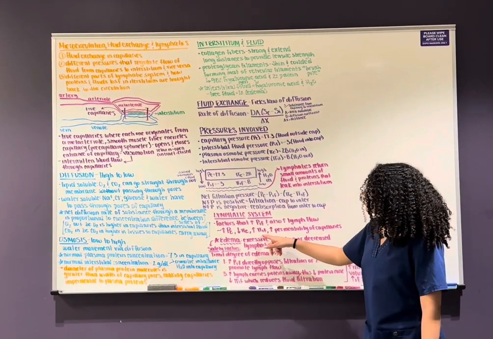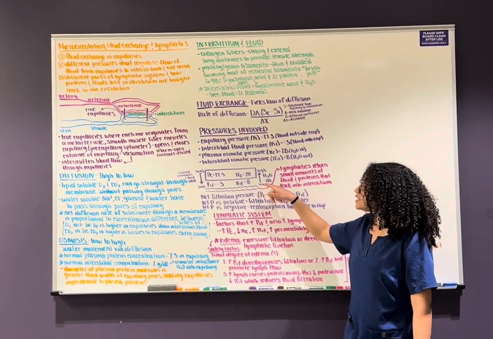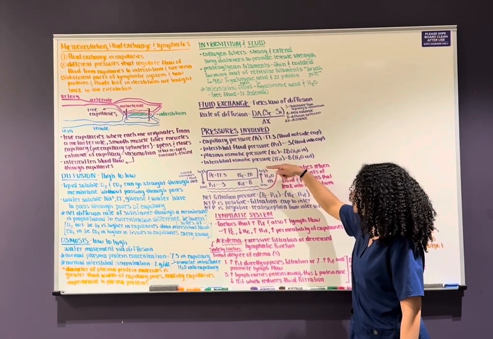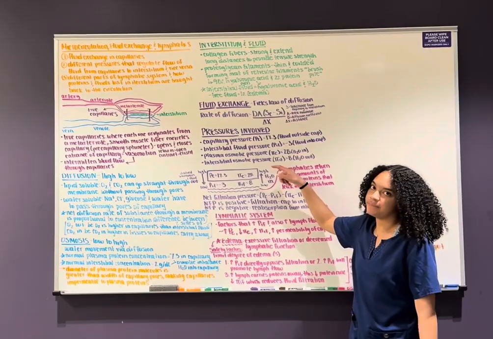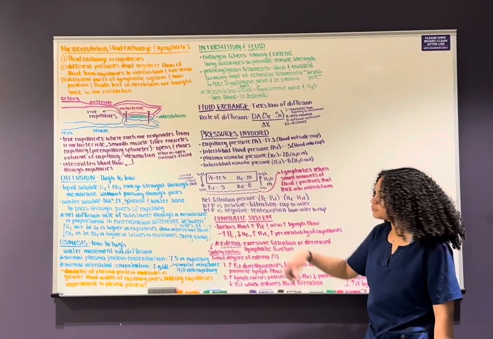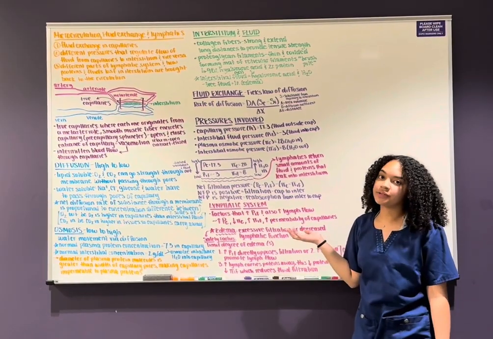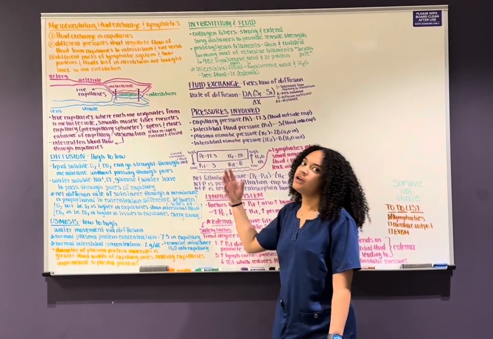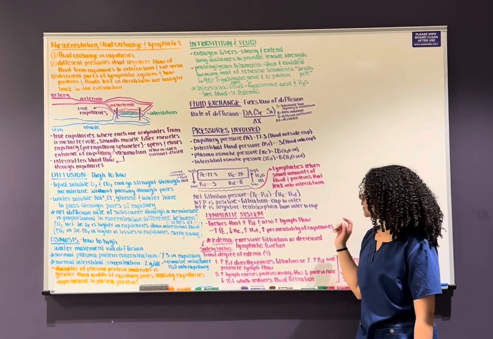Another thing we can increase is the interstitial fluid pressure. Again, if we increase this, it's going to do what I just said. If we decrease this, no more water is going to want to go inside. Then if we increase this, high to high, it's not going to happen. Water's not going to want to go inside either. And then obviously we can also increase the permeability of the capillaries, which means that the capillaries are going to be more permeable to proteins leaving, so more lymph flow. All of that makes sense.